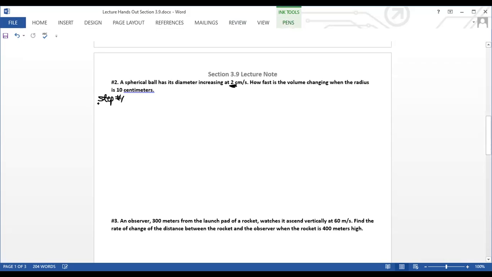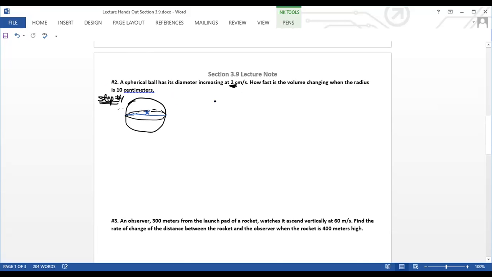Number one, they say to draw a picture. So this is a sphere. Of course, I drew it kind of terrible, but it's okay. From here to here is my radius, and this is my diameter, so x is the diameter.